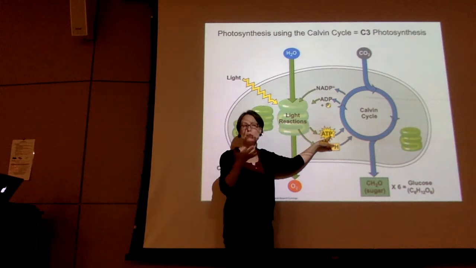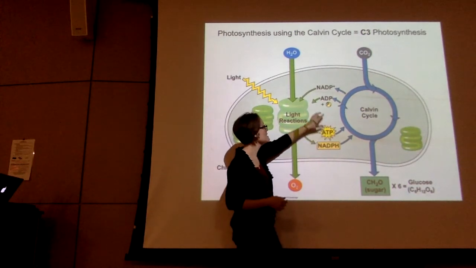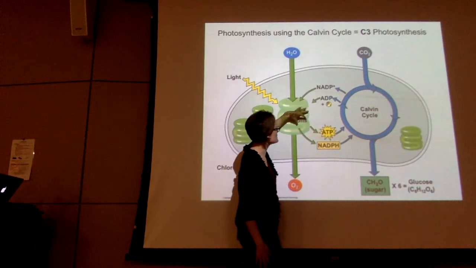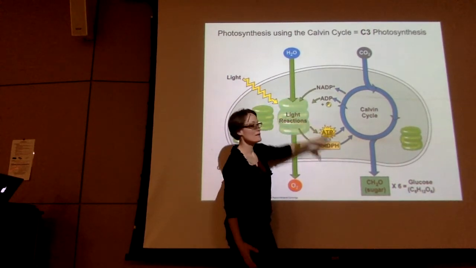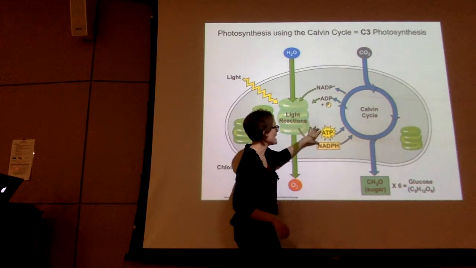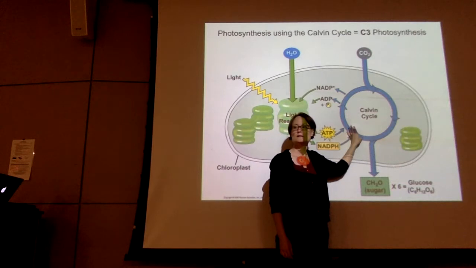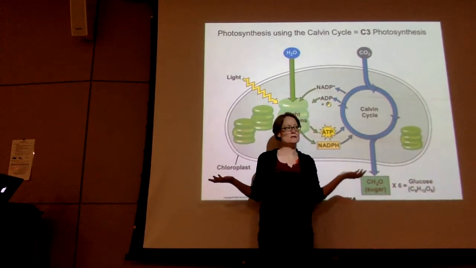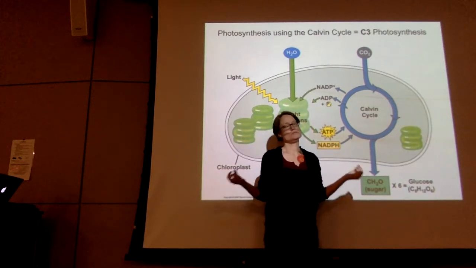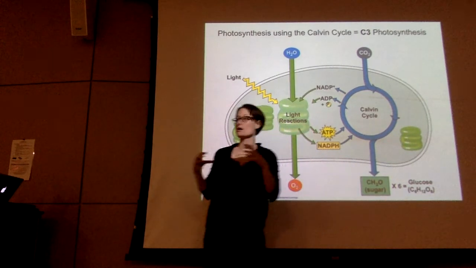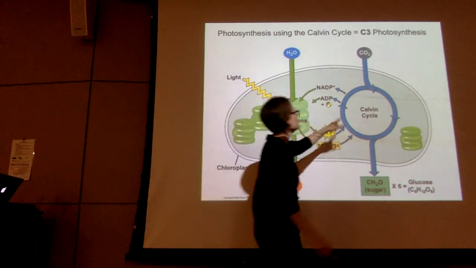I think I mainly was calling them electron carriers, but so they're high energy carriers, right? These guys can carry energy, and that's what they're doing, they're taking this energy that's passed through here, catching that pass, and taking it over to the Calvin cycle. Have we made any glucose yet? No. Okay, so we need to actually fix that carbon. We don't have a carbon source yet until we get over to the Calvin cycle.